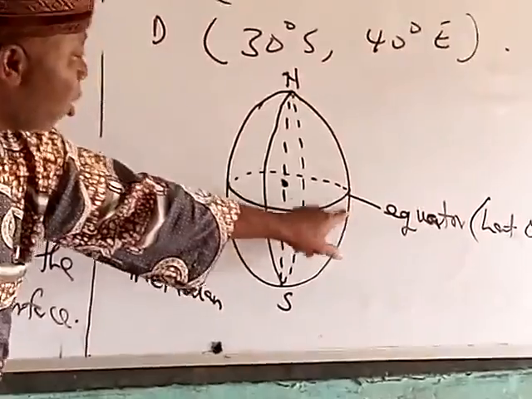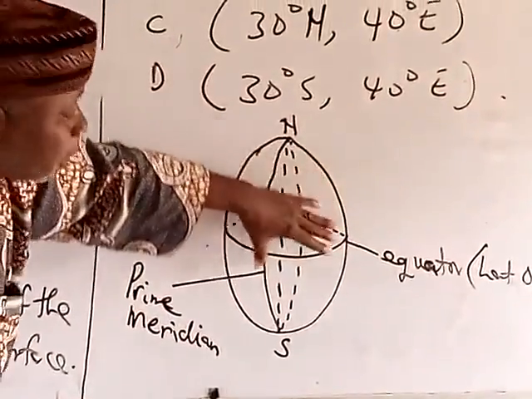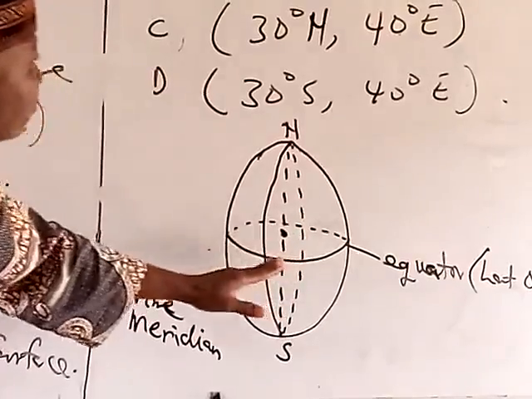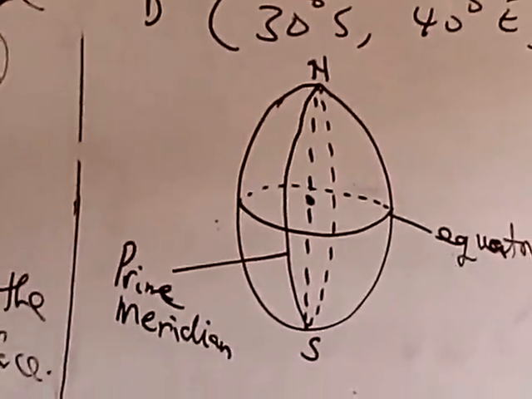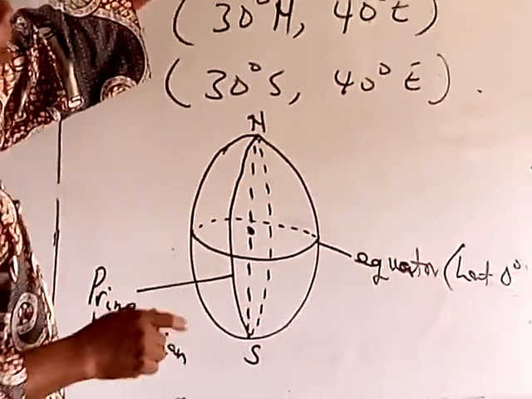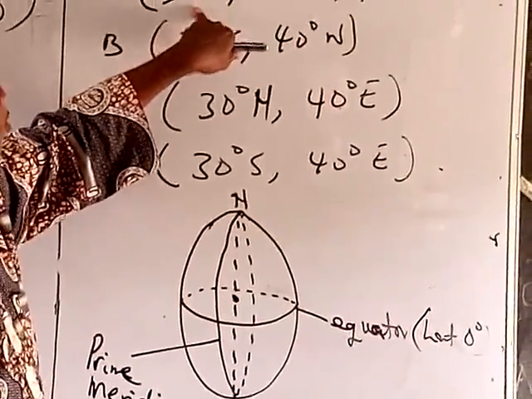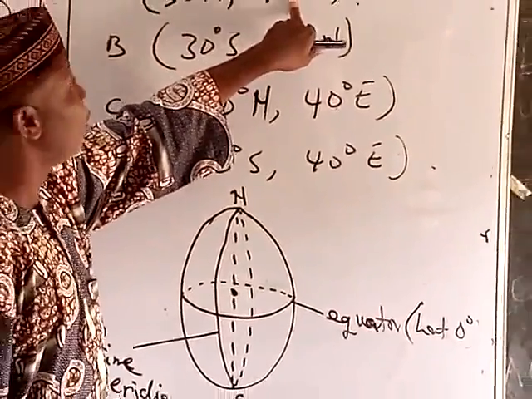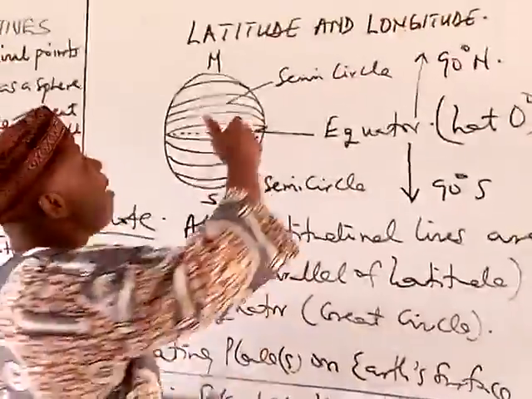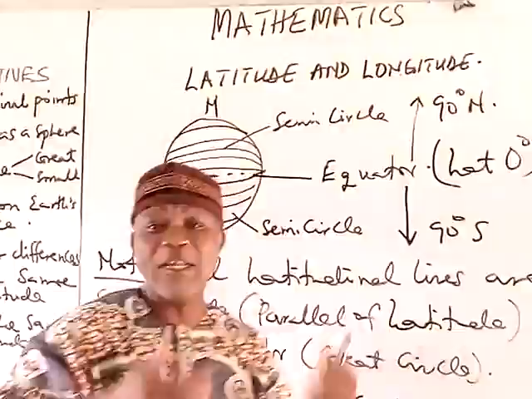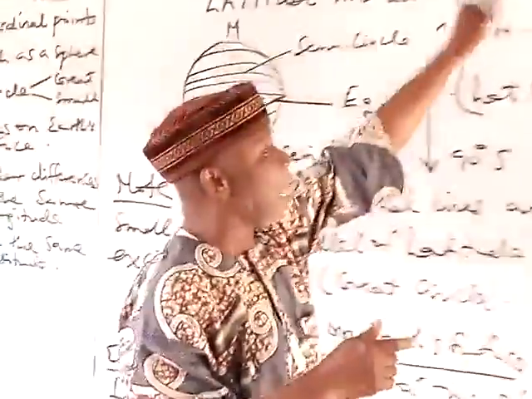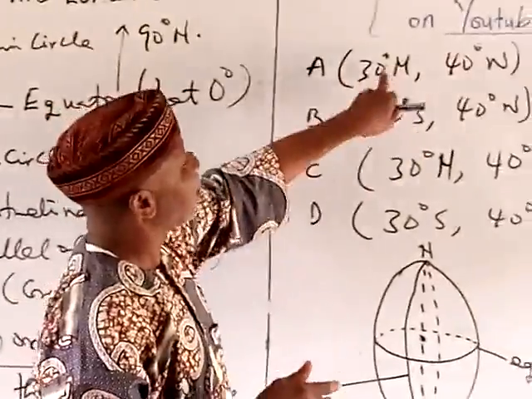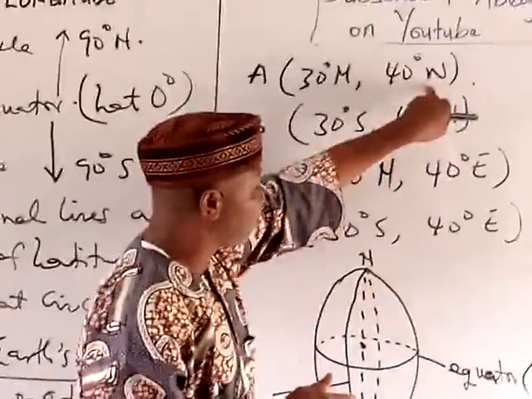You have the equator. These are the important things that must be shown on the earth's surface before you can draw any diagram. For point A, don't forget, the first one is latitude, while the second one is longitude. That's the reason why I put latitude and longitude. Sometimes you have longitude and latitude, and it's a little bit confusing. So I prefer to use latitude and longitude.